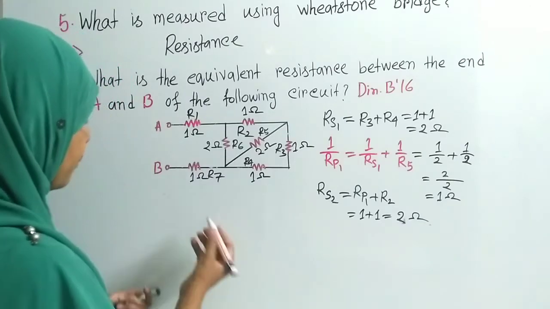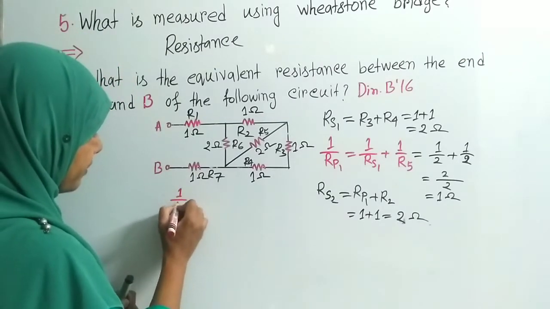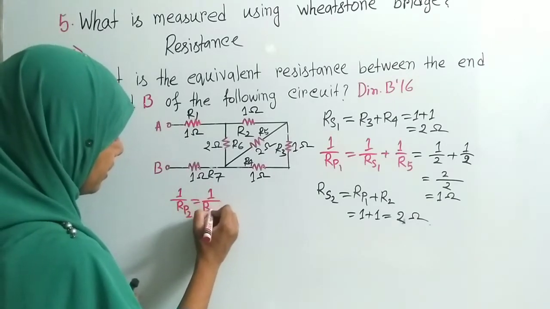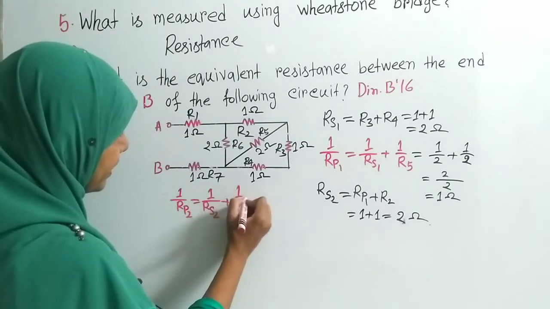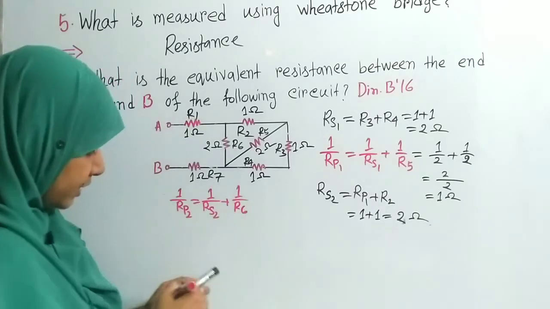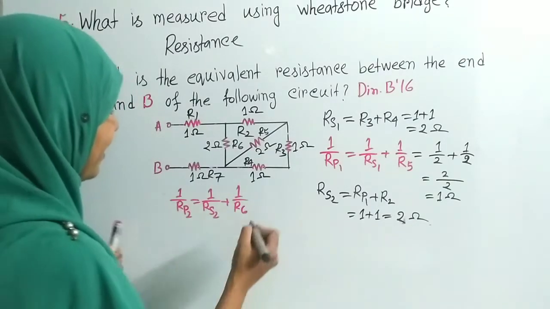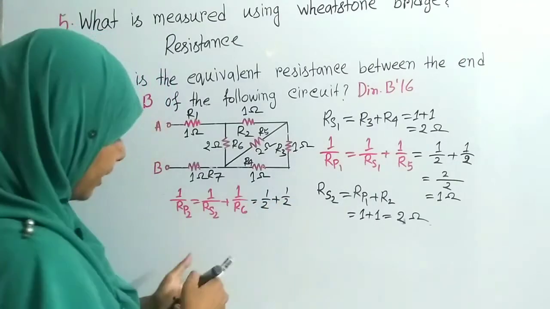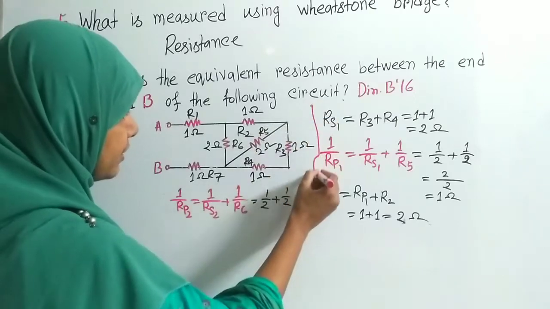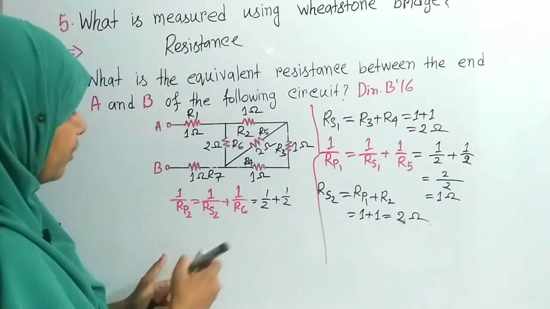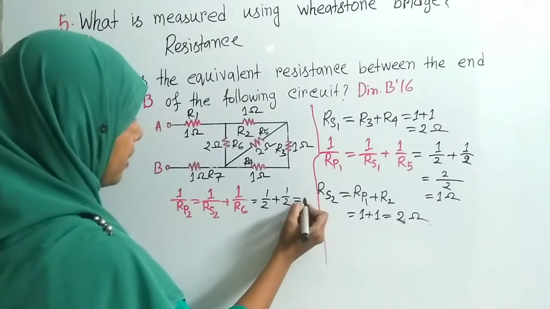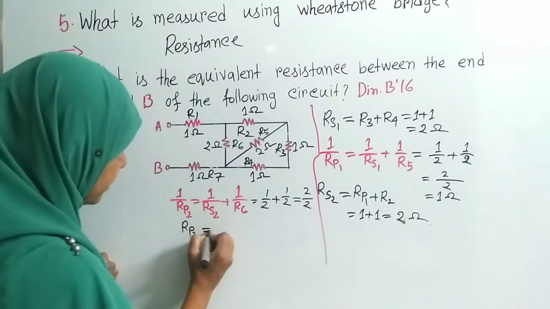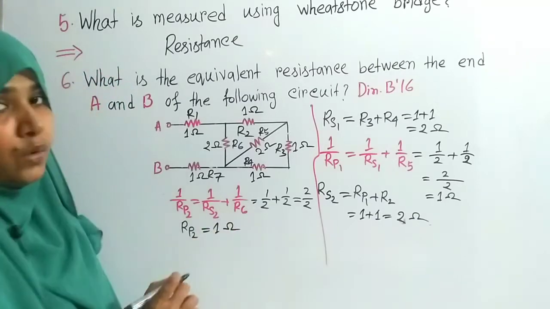So we can write that 1 by Rp2 is equal to 1 by Rs2 plus 1 by R6, and the value of 1 by Rs2 is half, plus 1 by R6 is half, so we can get the value of Rp2 is equal to 1 ohm.